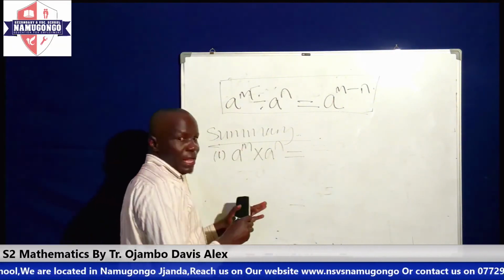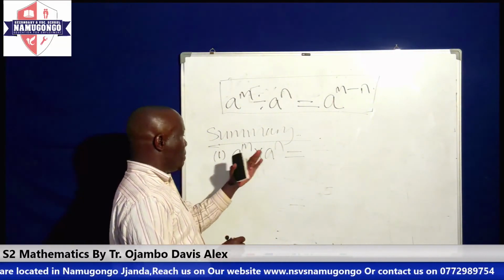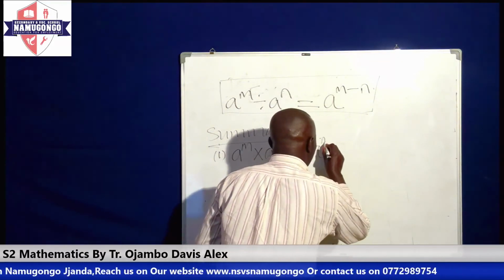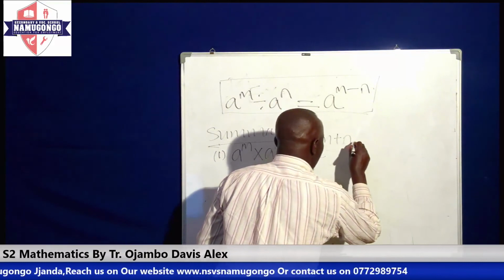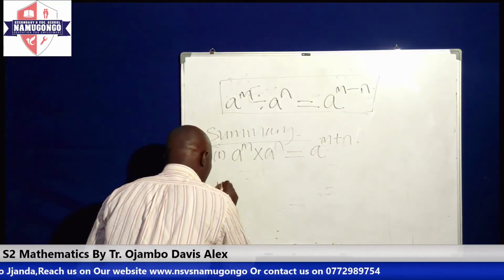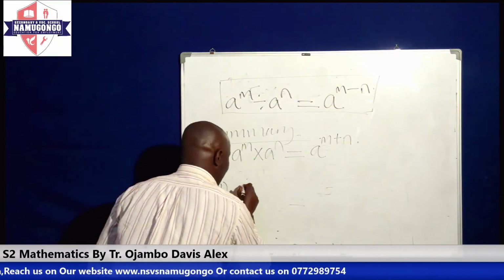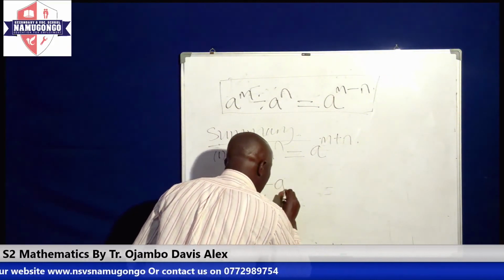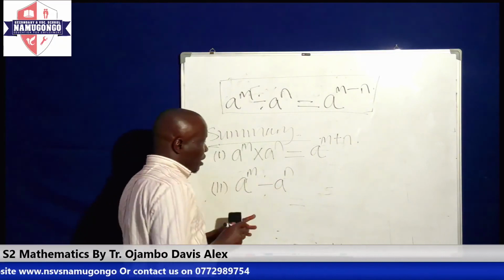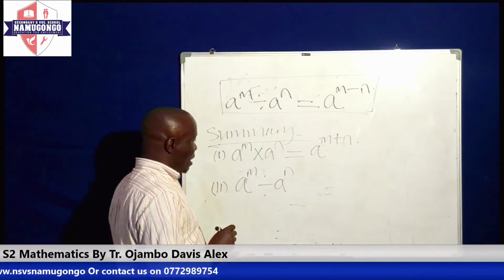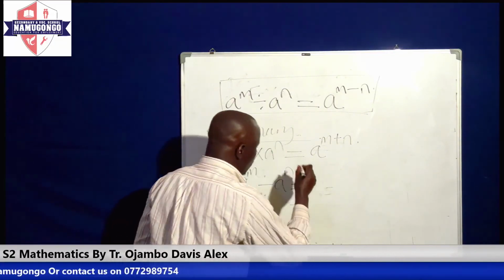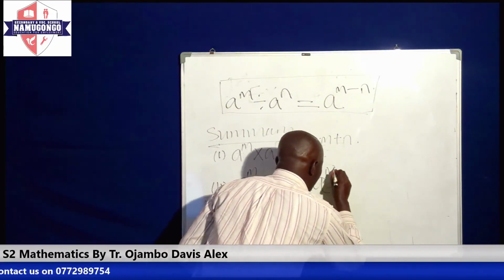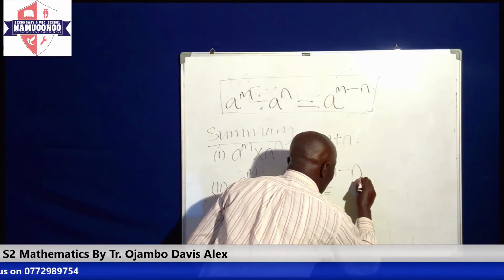When you are multiplying two numbers with the same base, you simply add the powers, and that becomes a raised to the power of m plus n. Then our second law is a raised to the power of m being divided by a raised to the power of n. When you are dividing two numbers with the same base, you simply subtract the powers, and this becomes a raised to the power of m minus n.